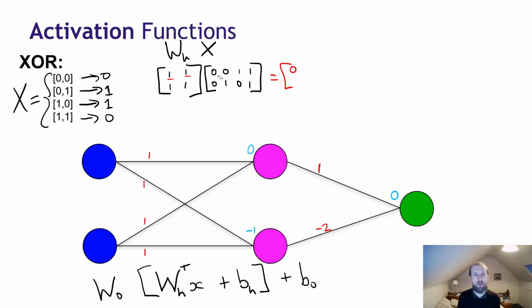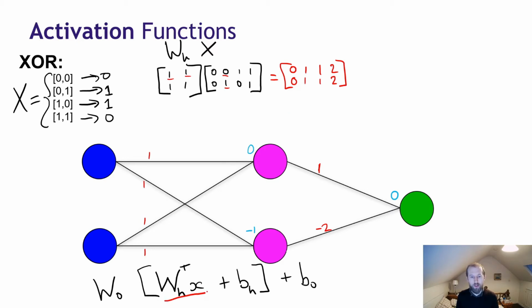Then we're going to have 1 times 0 plus 1 times 1, and it's going to be where the row crosses the column. So in this case, it's going to be 1. And then you can see it's going to be the same here, and then 2. We do the exact same thing with the next one, and because it's 1, 1 again, we get the same outcome. So that's this bit done.